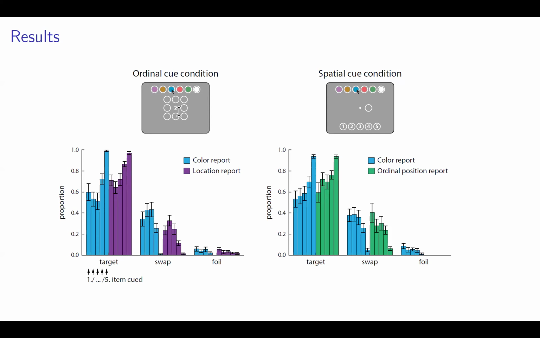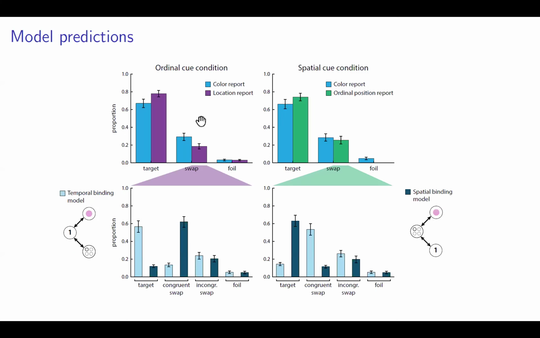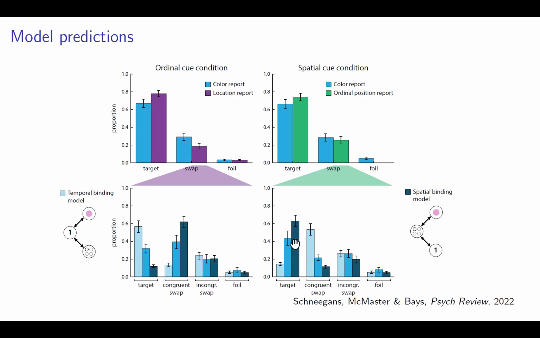And if there's an ordinal cue, you use that to retrieve both features independently. So we should never see congruent swap errors. But we do see some proportion of congruent swap errors, more than you would expect by chance.